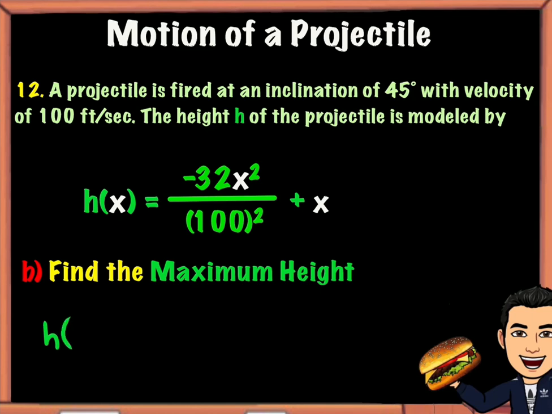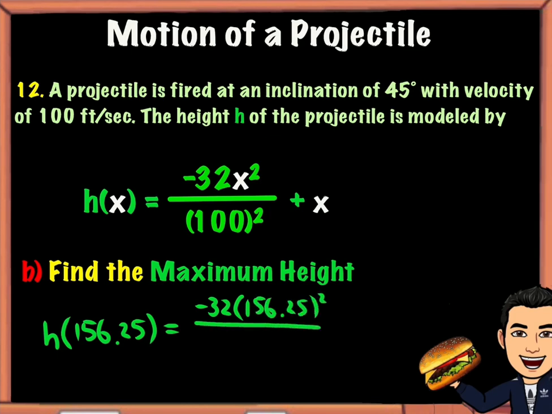For letter B, let's find the maximum height. So let's go ahead and use the function, and insert the 156.25 that we found in letter A, inserting the value into all the x's. So this is 32 times 156.25 squared over 10,000 plus 156.25.